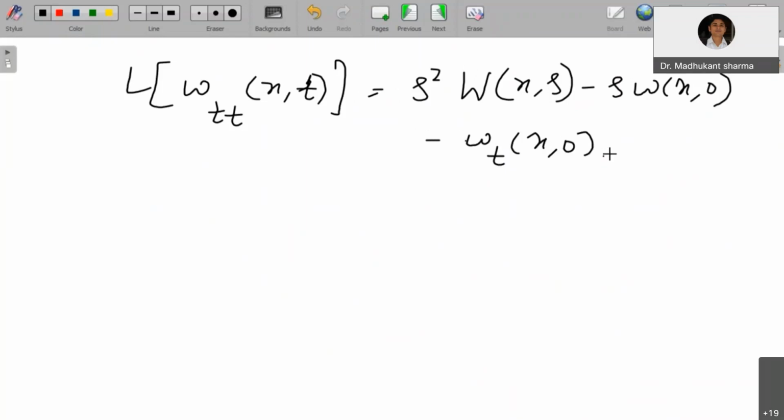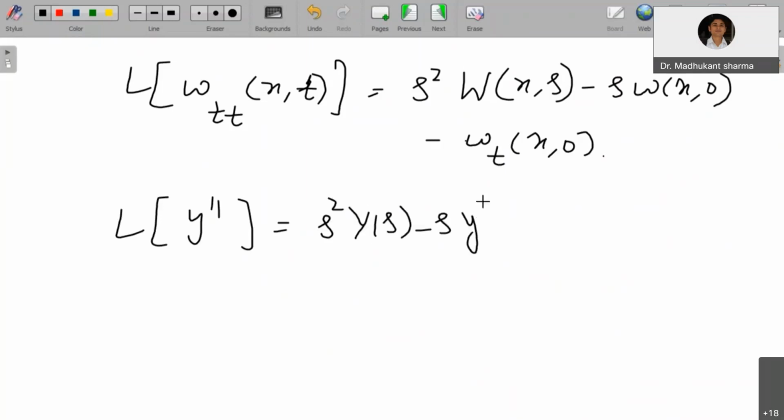I think this is what the Laplace transform of y double dash was: s square Y of s minus s times y at 0 minus y dash at 0, right? Yes. So here it is w_t. You can verify.